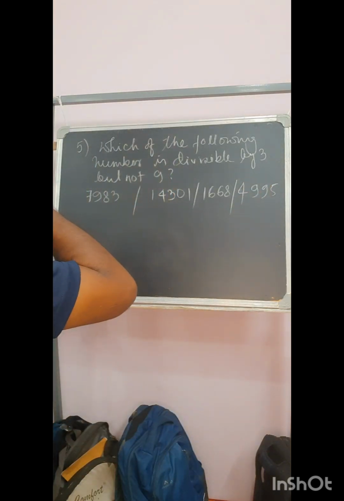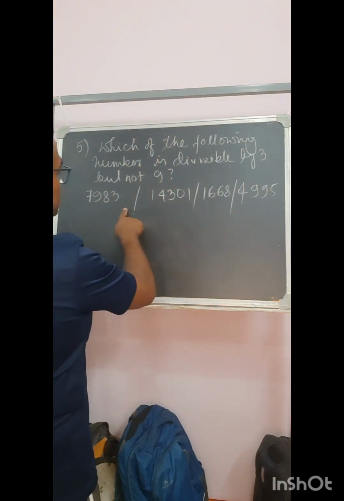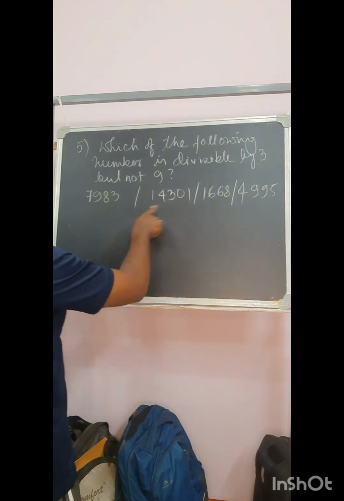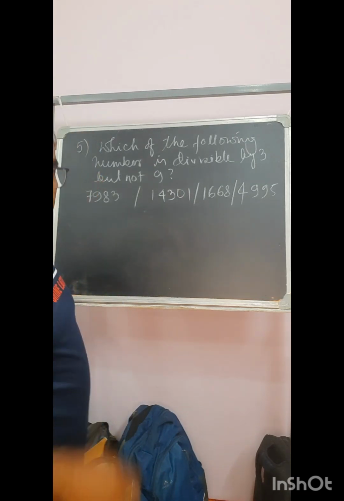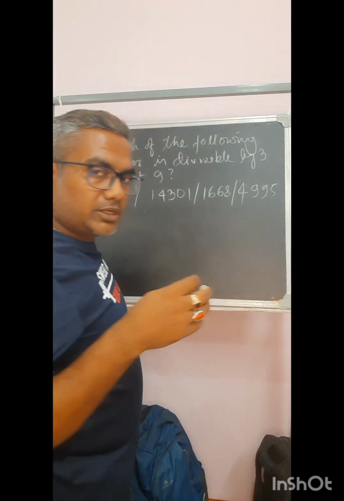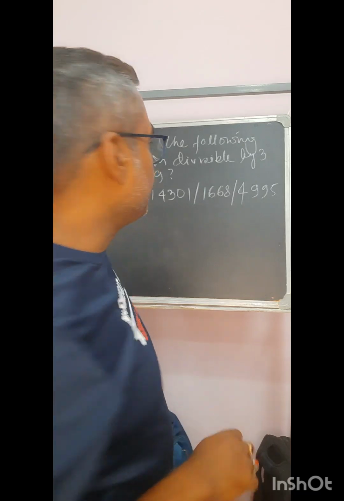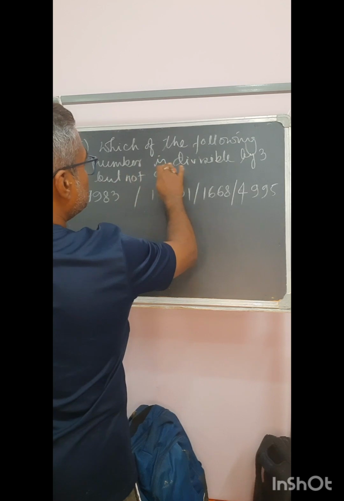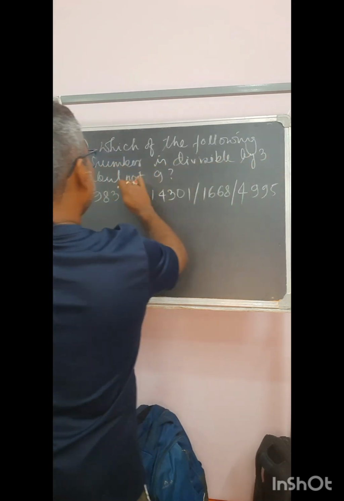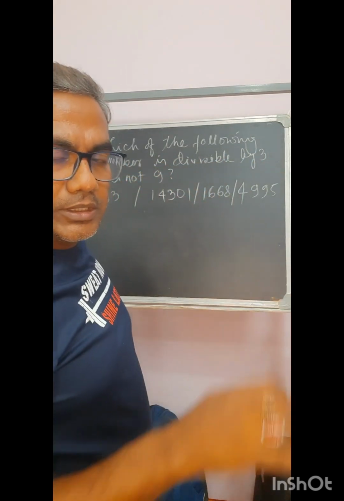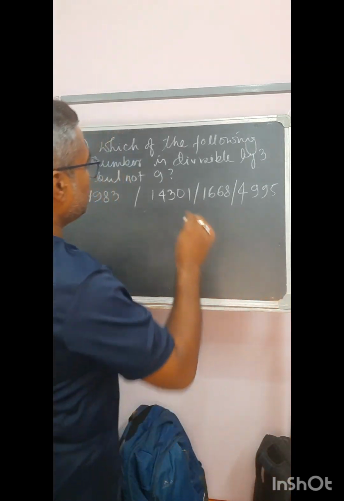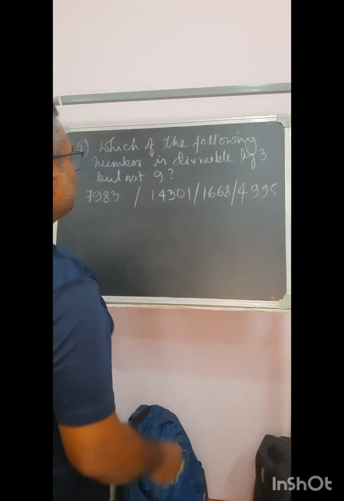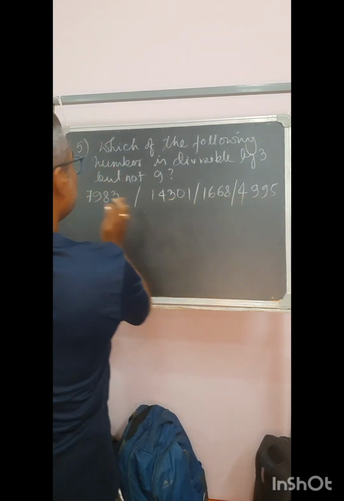Now if it is a multiple choice question, the first thing is that you have to try to remove the numbers which will not at all be a participant for this question, because you can see which of the following numbers is divisible by 3 but not by 9. It is a specific condition, but if I consider 3 and 9 as divisors, which are the numbers which are not at all a participant?